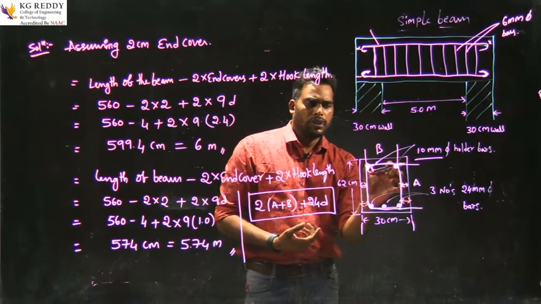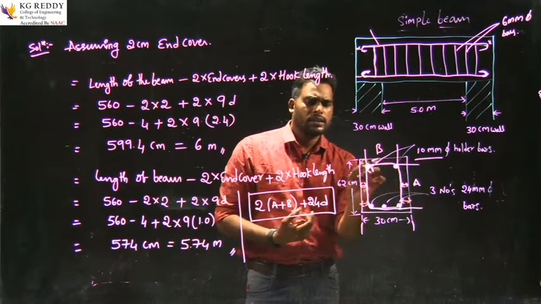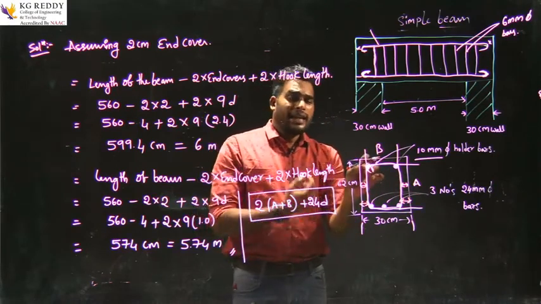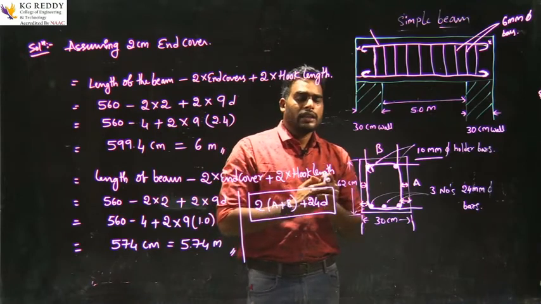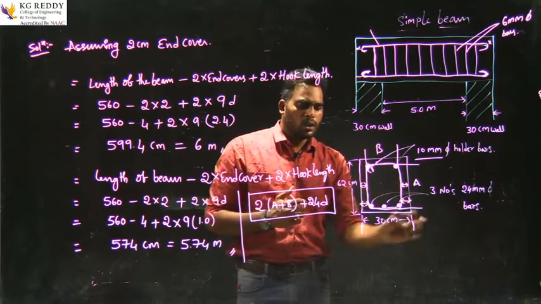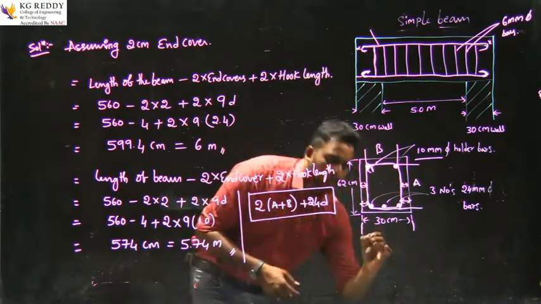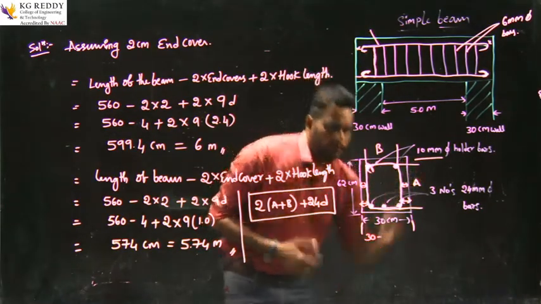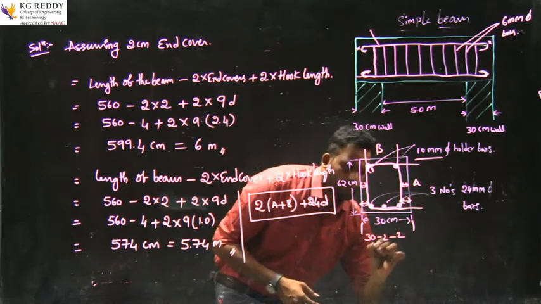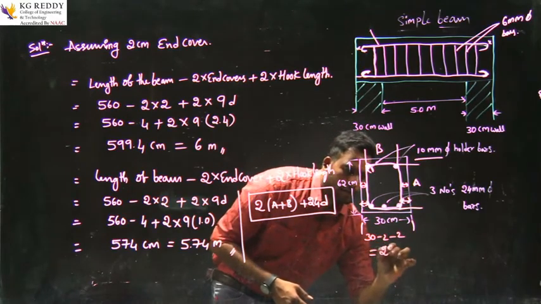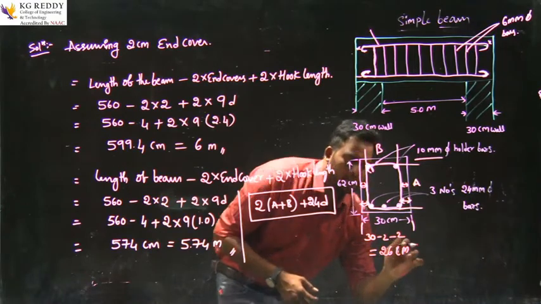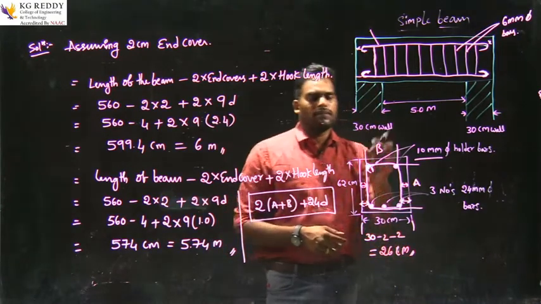From here to here we don't want this additional length, which is the end cover. So we need to deduct both end covers from the total width. So that is 30 minus 2 minus 2, we'll get 26 centimeters. 26 centimeters is the b value.